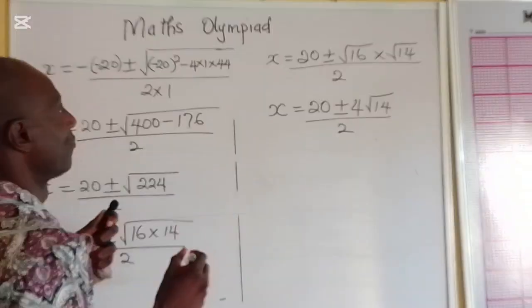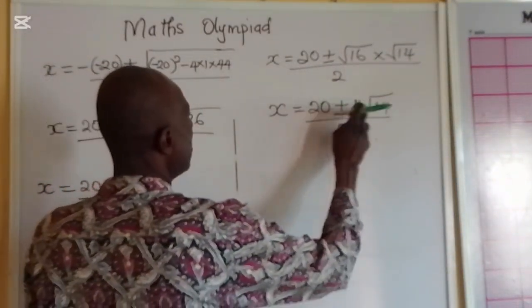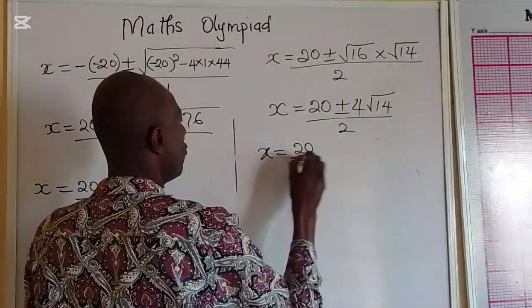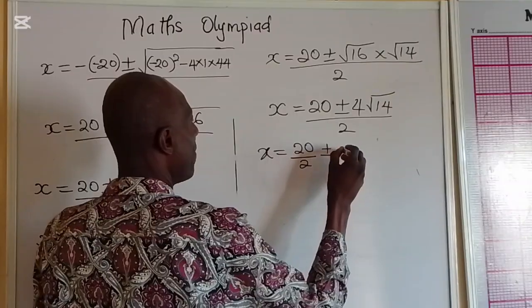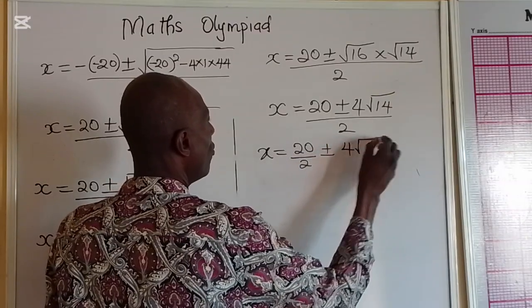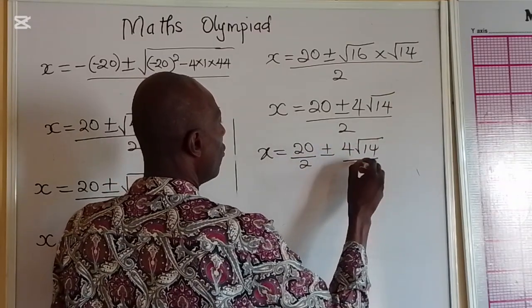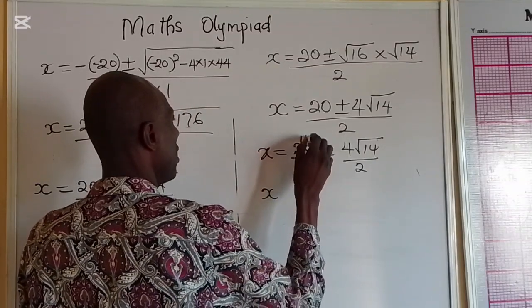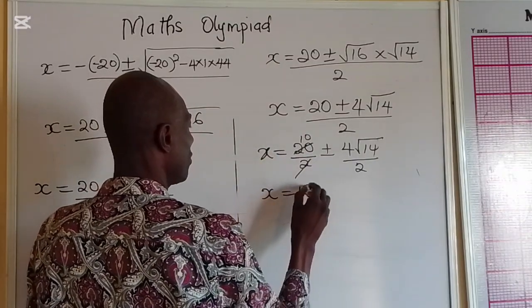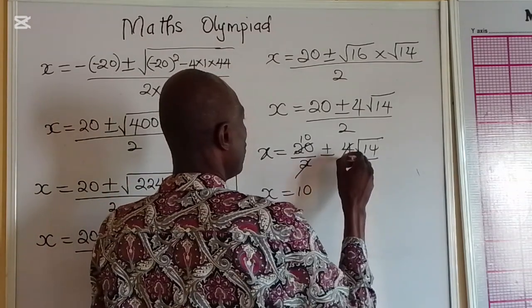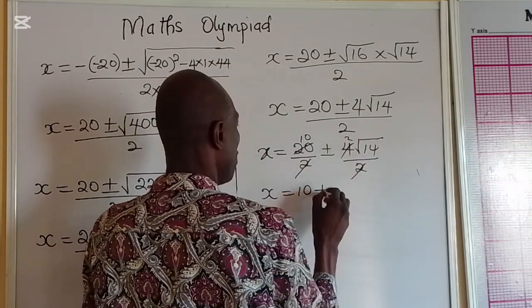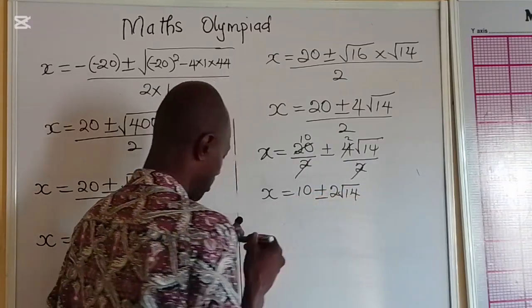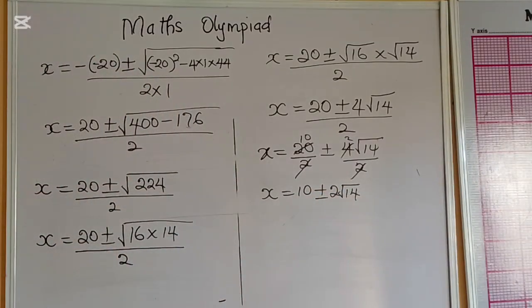Now this 2 is dividing these two terms. So x is equal to 20 over 2 plus or minus 4 root 14 over 2. So our x here is 10 plus or minus 2 root 14. So we have 2 values.